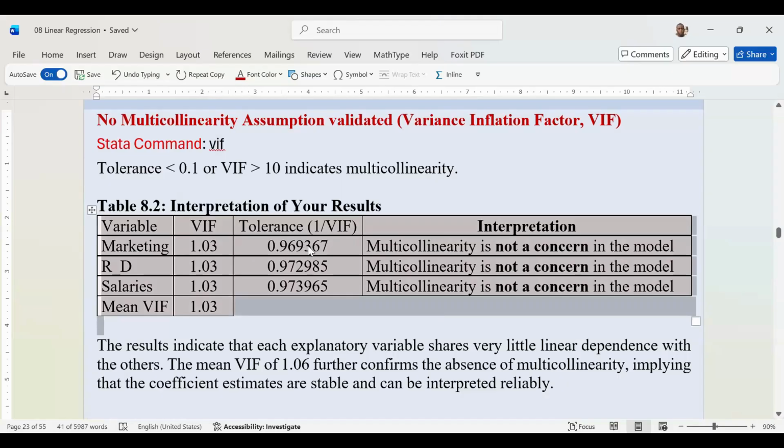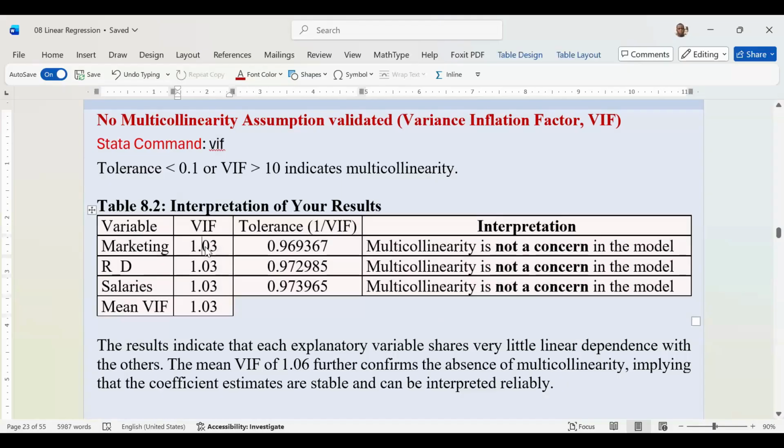So marketing, what's the VIF for marketing? 1.03. When the VIF is less than 5, then it means the variance for that variable is not inflated, which means it's good.